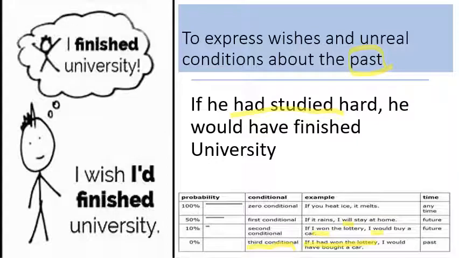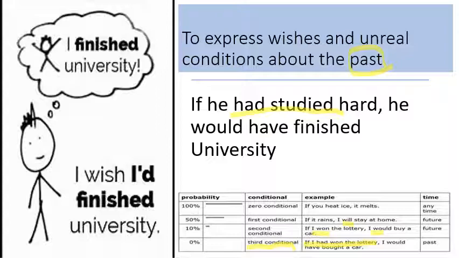Third usage. When do I use the past perfect? Usually the past perfect is used when you want to express wishes and unreal conditions, and usually these wishes are about the past. Okay, if you look at this picture, this is a person. He's thinking that he would be happy if he finished university. As long as he's remembering events, these events are in the past.